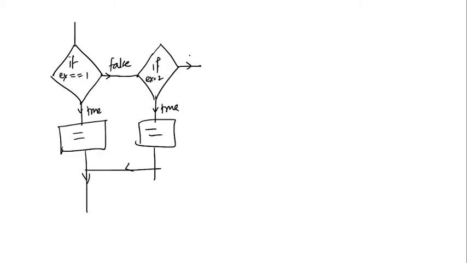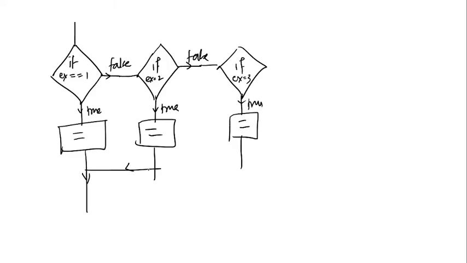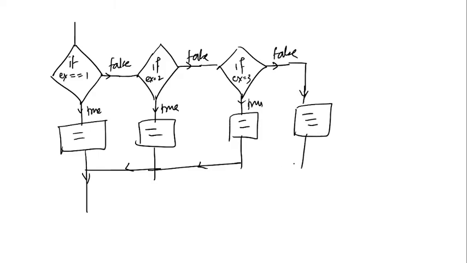Now it might happen that it doesn't match with the second also, then it will be checked with the third. Okay, if the expression value matches with the third one, it is true, then it's going to execute the body of the third case. And suppose it doesn't match and we don't have further cases, so by default it's going to go for the default case. So that's the default case here, and then it'll get over, or it'll go ahead with the next one.